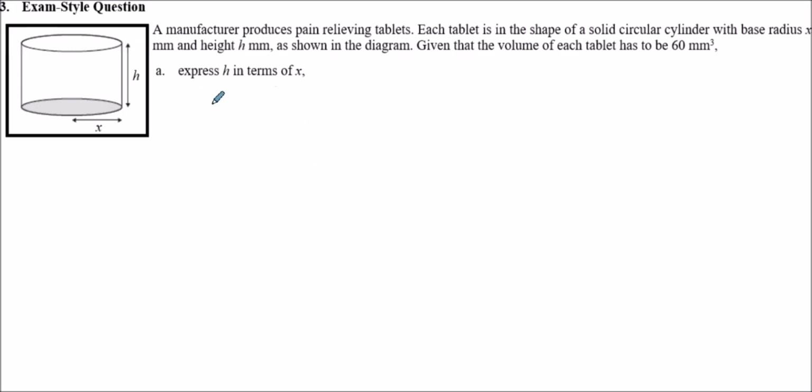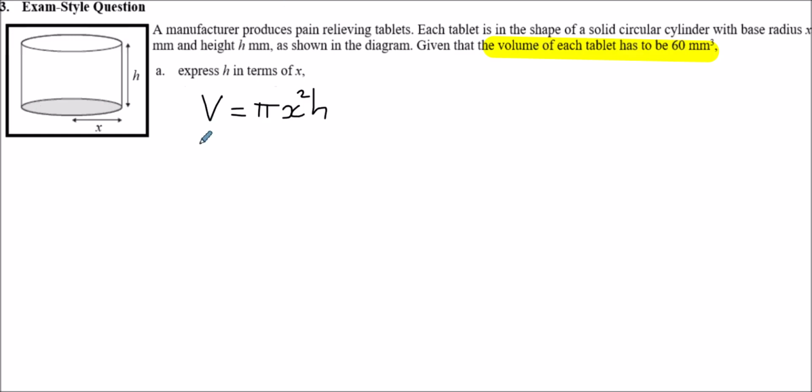So the volume of any cylinder is the area of the circular top or bottom. So that's going to be pi times radius squared. Here the radius is x, so it's going to be pi x squared multiplied by the height, which is h. So we know that the volume has to be 60, so we can input this into our expression for the volume.